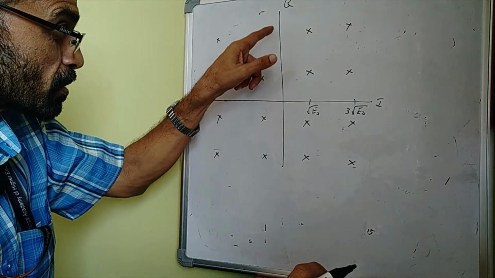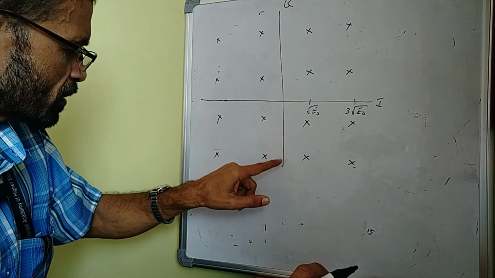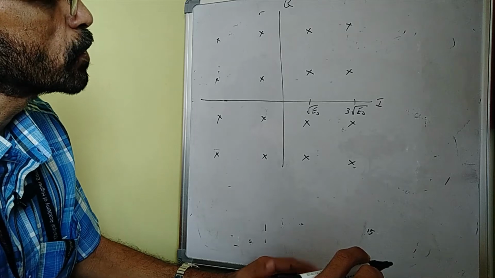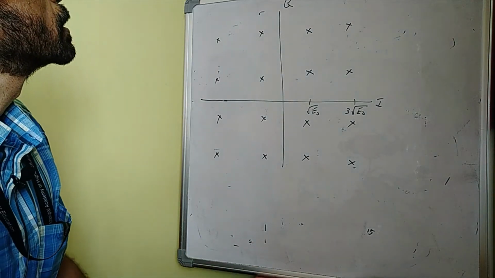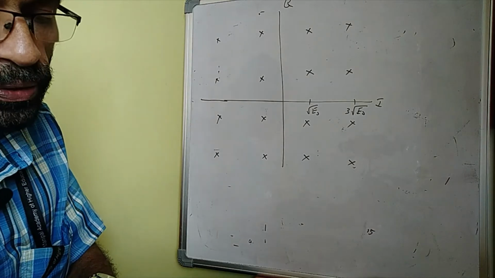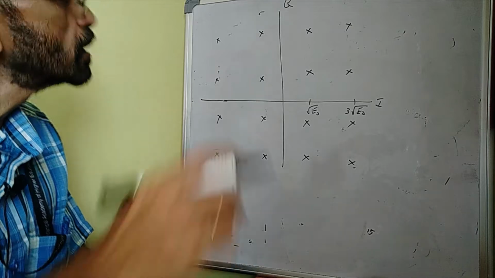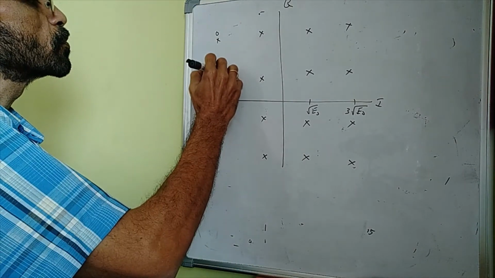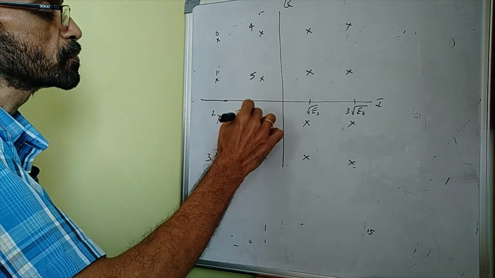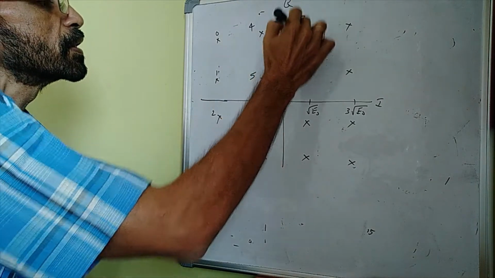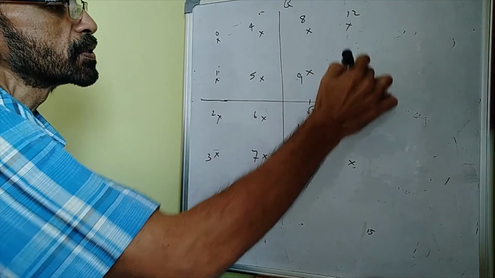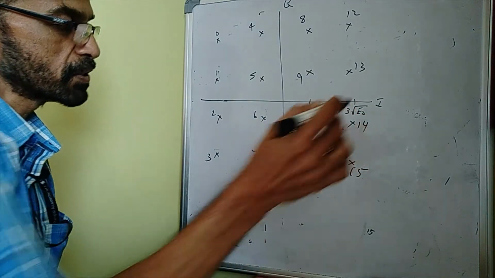Again here root E naught, 3 root E naught, minus root E naught, minus 3 root E naught. Now the signal points were 0, 1, 2, 3, 4, 5, 6, 7, 8, 9, 10, 11, 12, 13, 14, 15.